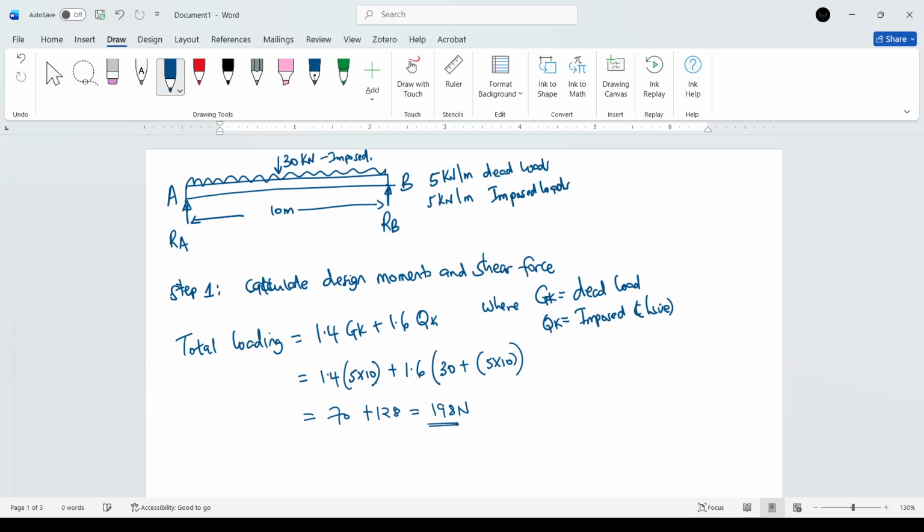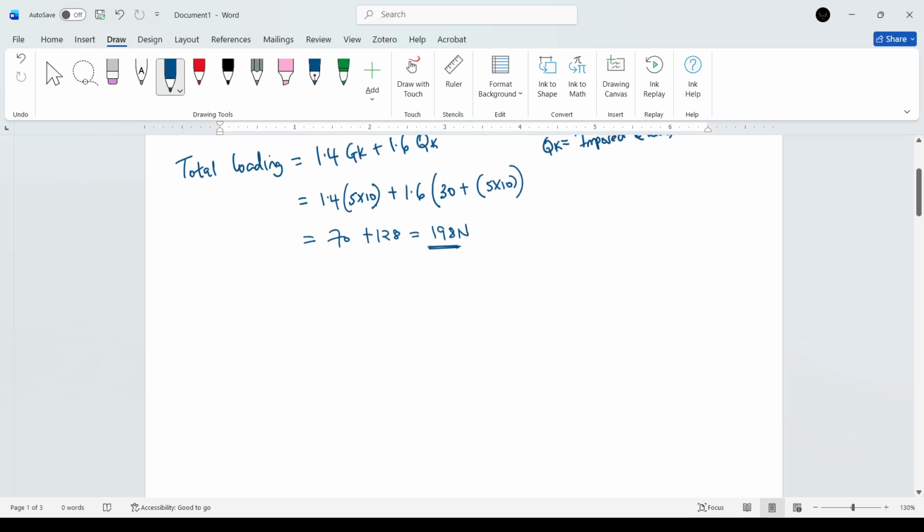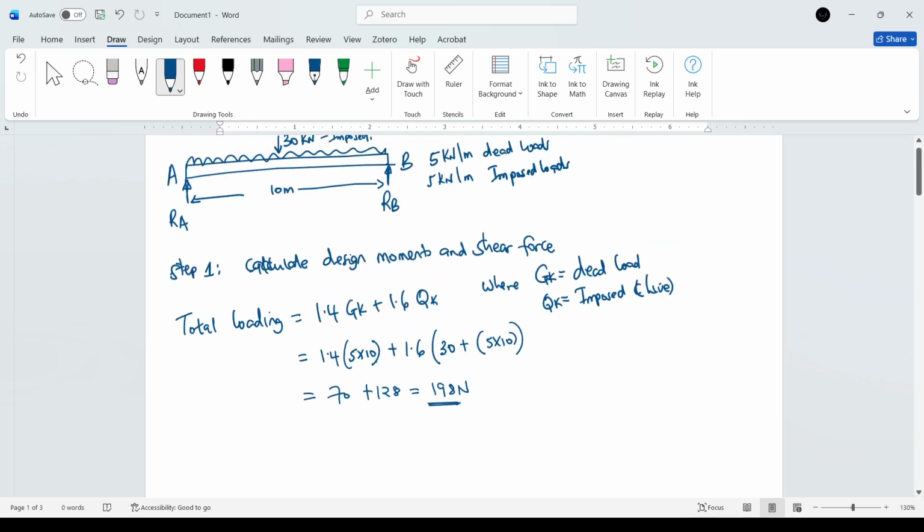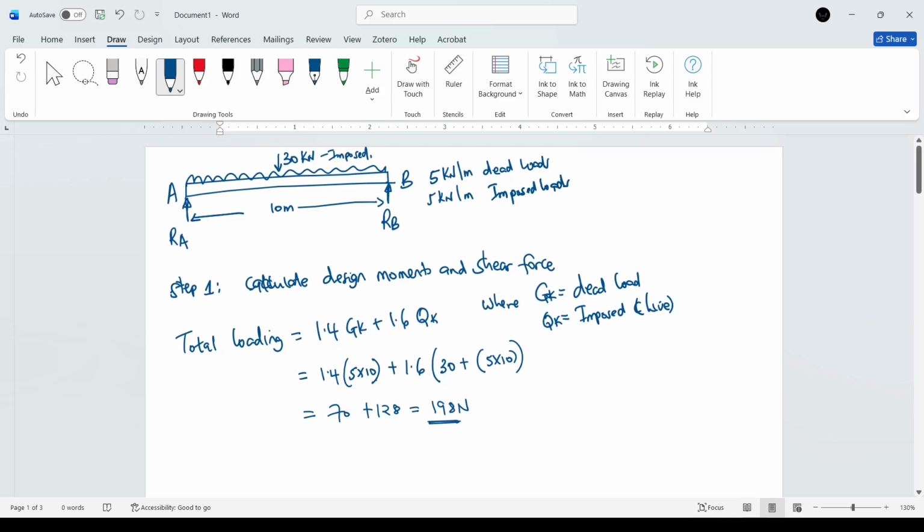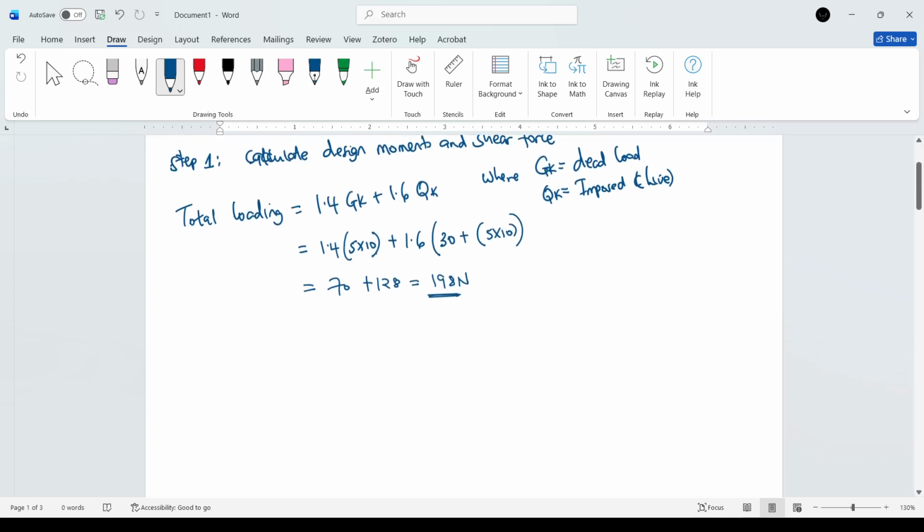So the next question will be, where does this 198 act? Because this one was acting at the center, and also the UDL definitely will act at the center.